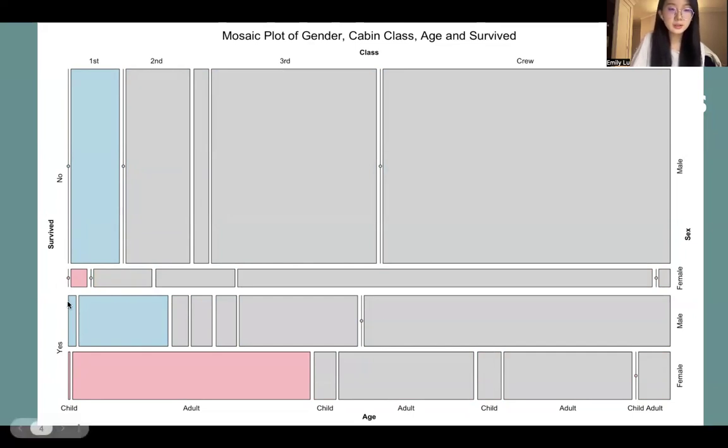Secondly, I noticed that male children seem to have a higher level of survival compared to the female children, which is quite the contrary when we are looking at the adult passengers, because it is quite obvious that female passengers have a higher survival rate compared to the male passengers in the first cabin class.